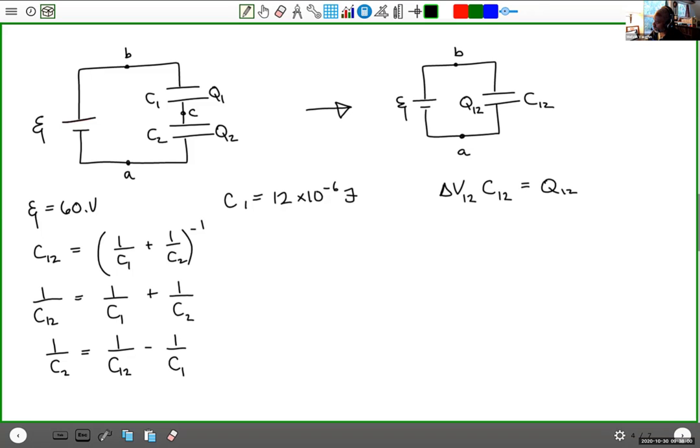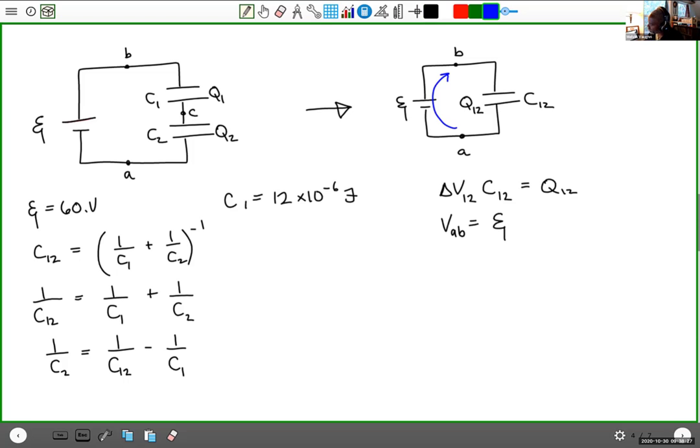Well, we know the potential difference of our equivalent capacitor because we know the potential difference from A to B. If we look at our equivalent circuit and go from point A to point B by passing through the battery, we see that the potential difference from A to B is equal to the EMF of the battery.